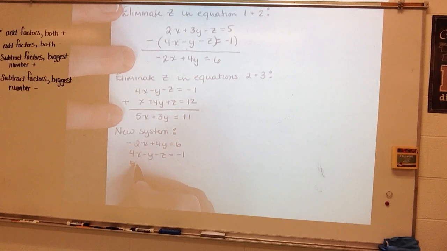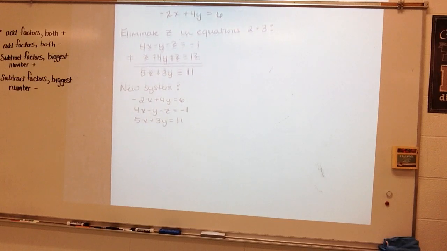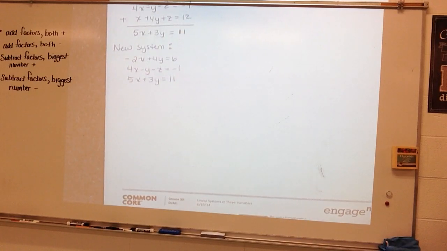And then 5x plus 3y is equal to 11. So now I have this new system. And like I said, notice that I have two equations that now have only two variables. We know how to solve a system when we only have two variables.